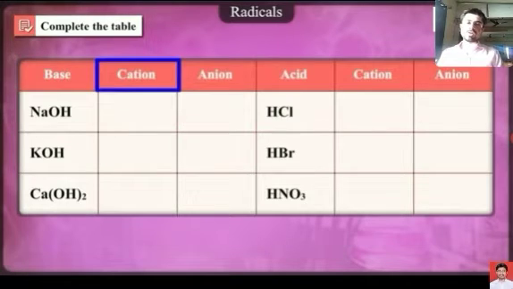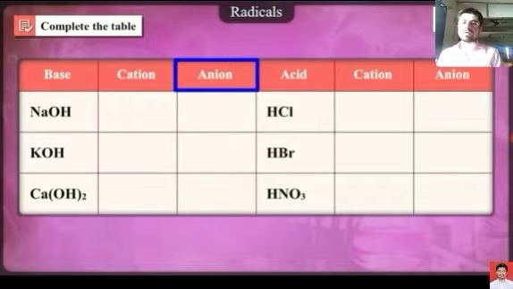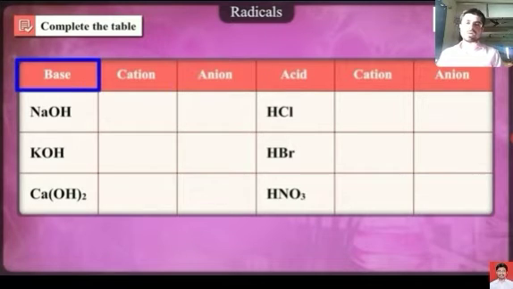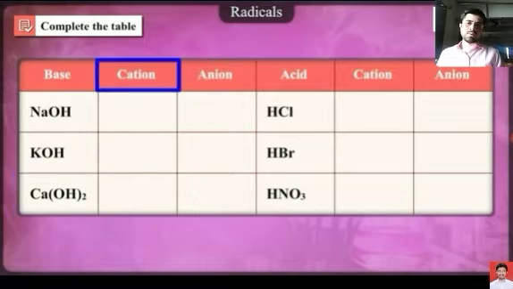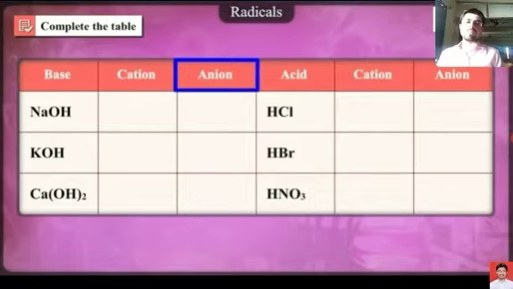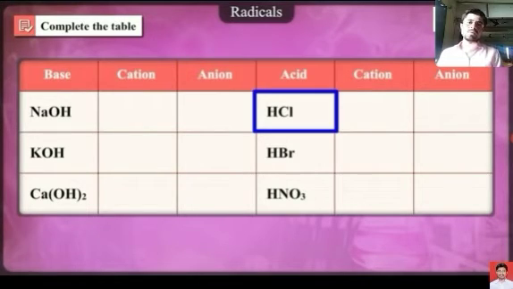In KOH, there is also one cation and one anion. Similarly, in Ca(OH) taken twice, there is one cation and one anion. In this table, we have to fill the vacant places with their respective cations and anions.